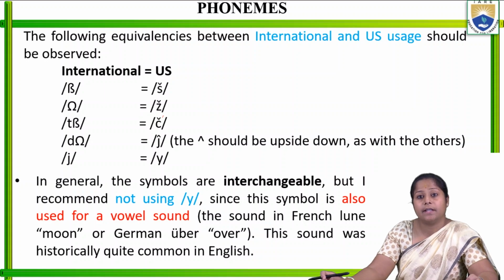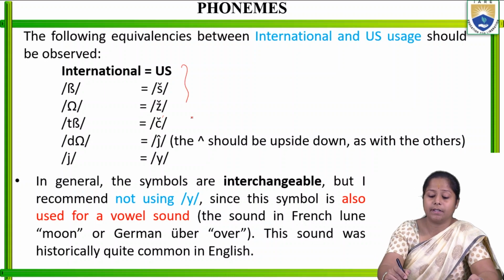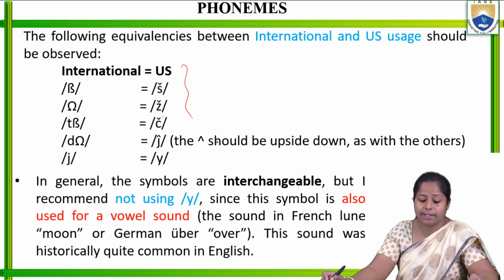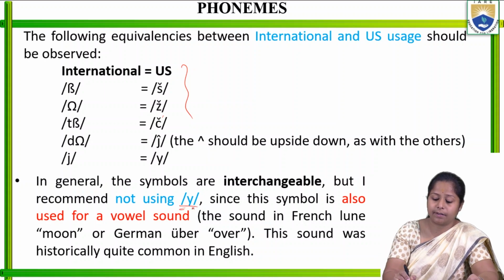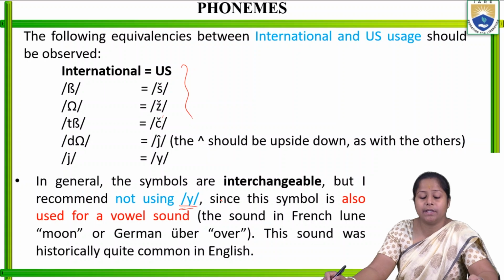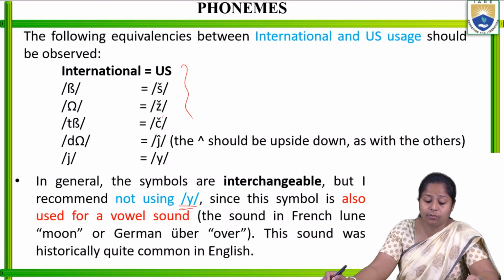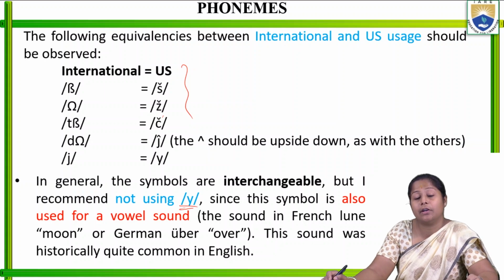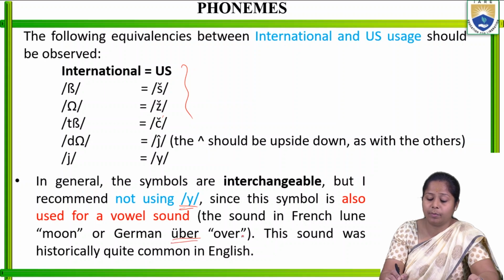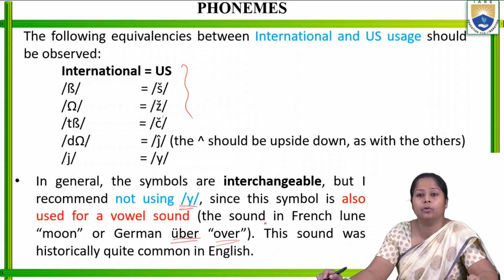Now, in general, the symbols are interchangeable, but I would recommend not using Y with the slash transcript, since that symbol is also used for a vowel sound. This symbol is used in French, as in lune instead of moon, and in German, as in über, written as over.